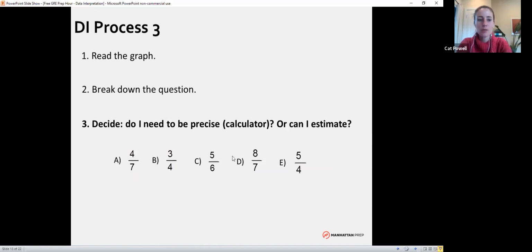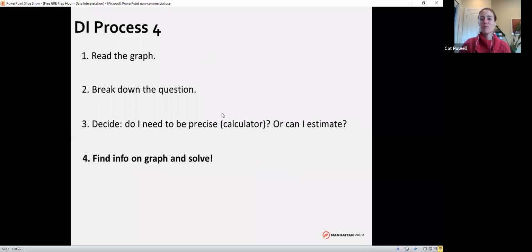Because I agree, I think we should be precise. Yeah, I have specific fractions or ratios. Yeah, and they're pretty close together. Like when I think about this decision, I think about the grouping and I'm like, 3/4, 5/6, they're not that far apart. You know, if it was like a half and 7 halves, and these were really disparate fractions, then I might be able to be kind of loose in my calculation. But here I see they're pretty close together.